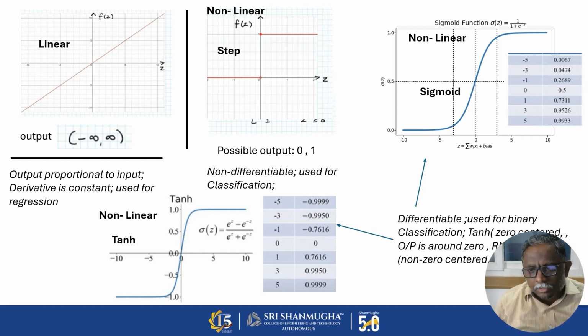When the activation is less than 0.5, it is going to be class A, and if the activation is greater than or equal to 0.5, it is going to be class B. So it is useful for binary classification. Since it is a smooth function, we are able to differentiate it.